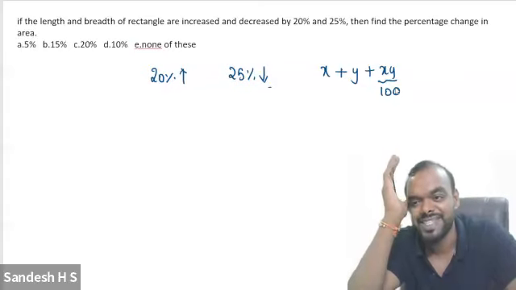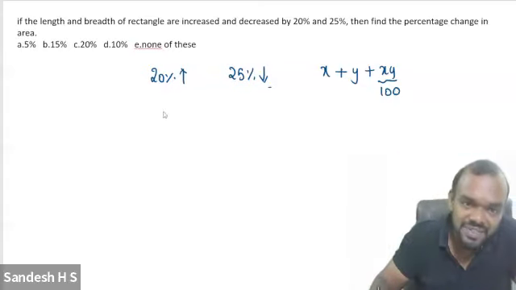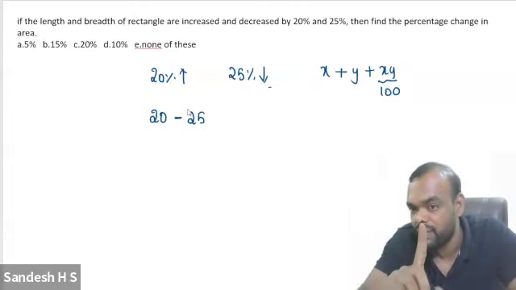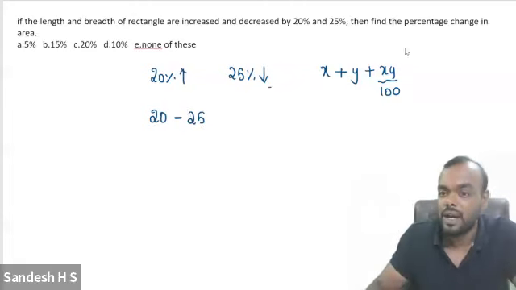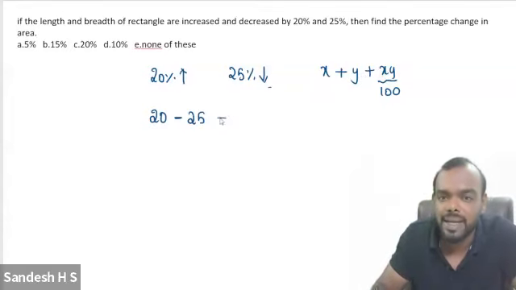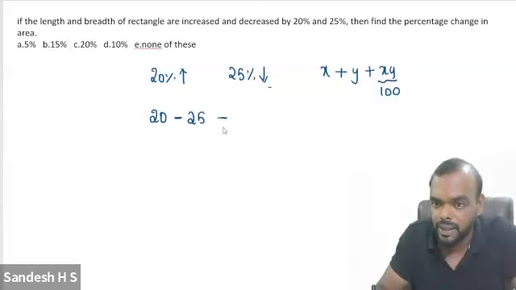Okay, fine, observe. X value is 20. Y value is minus 25. I told you, be careful whenever there is a decrease. Now, X into Y, guys. One value is plus, one value is minus. Plus into minus is what? Minus. Right? You have to be careful here.